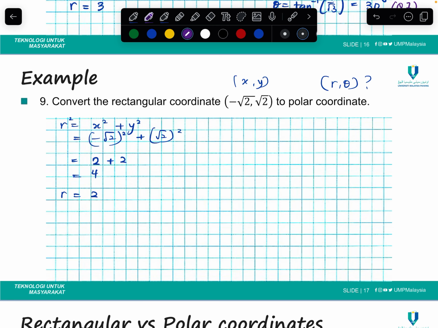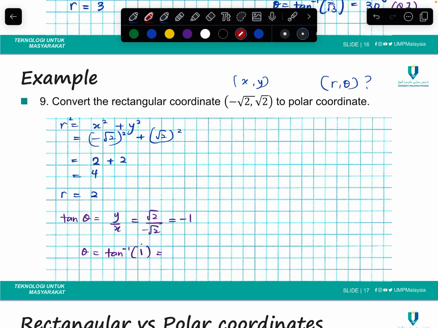Now we want to find theta by using the formula tangent theta equal to y over x. y is square root of 2, x is negative square root of 2, so the ratio is negative 1. If you calculate theta by using tangent inverse, just take the positive.